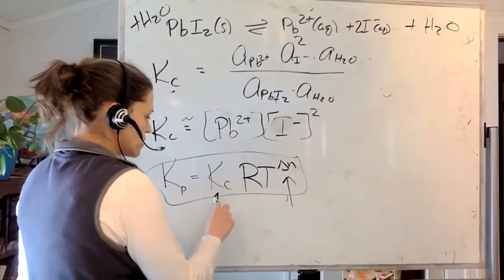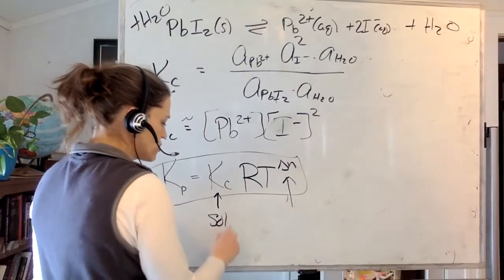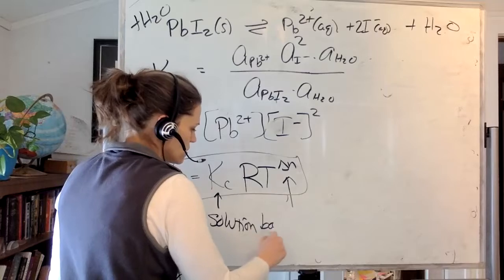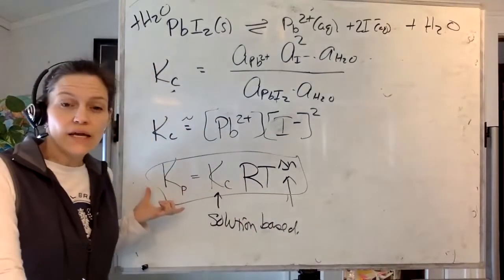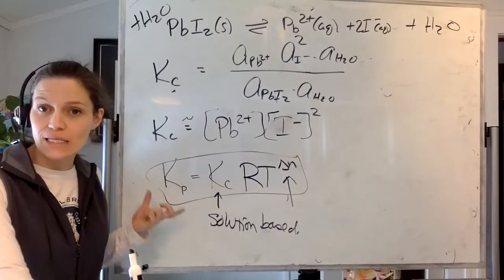The equilibrium constant in terms of concentrations is a solution-based equilibrium. Here, Kp is a pressure-based equilibrium.